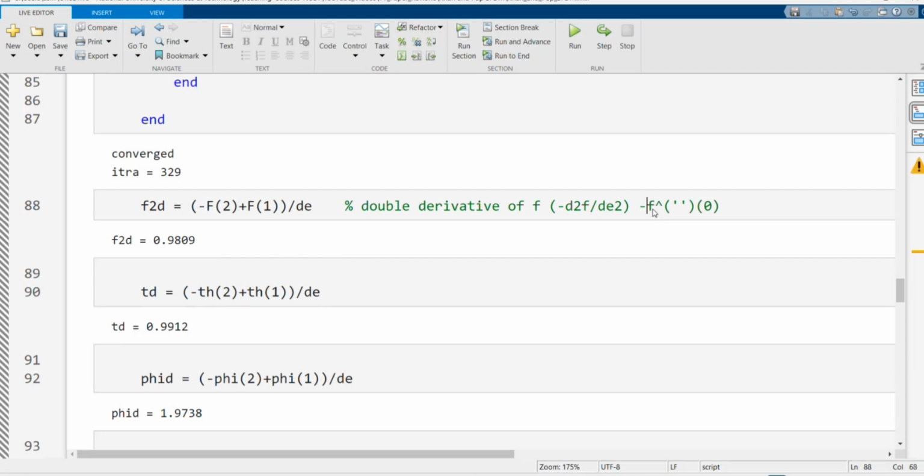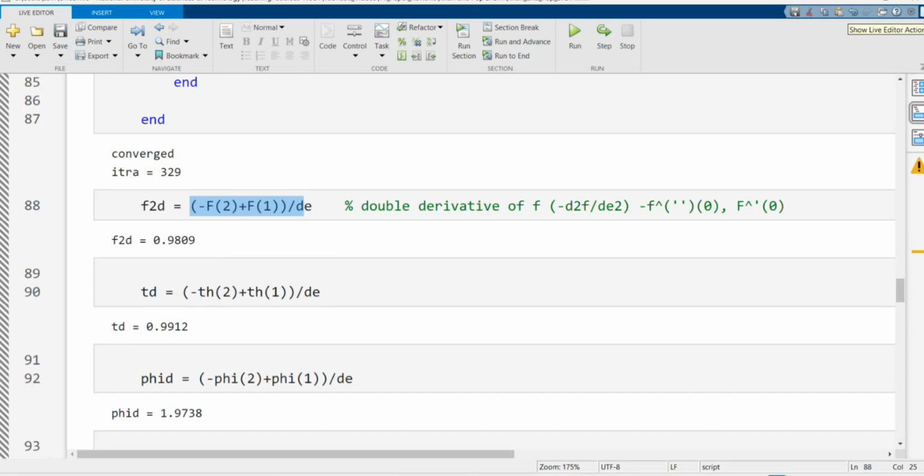Since we are calling small f dash equal to capital F, this will be equal to capital F dash 0. That's what I used over here. I used F1 minus F2, something like that. And again theta dash 0 and so on. You got the solution from the simplified finite difference method.